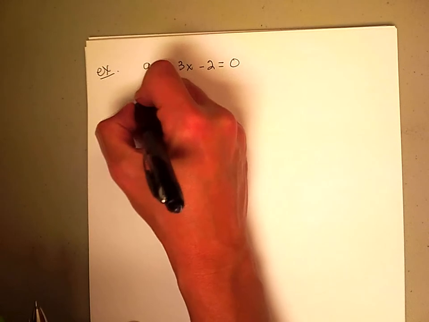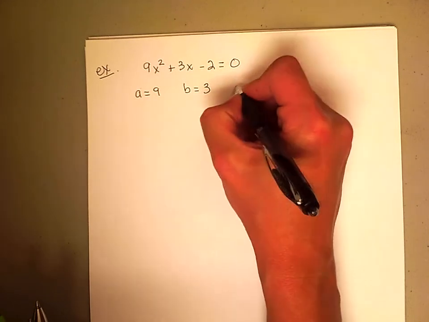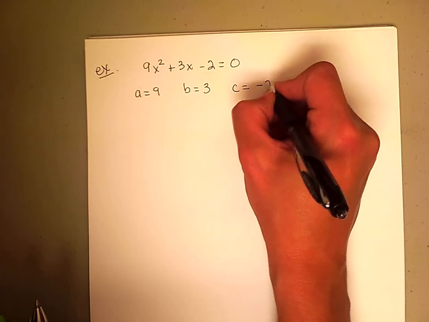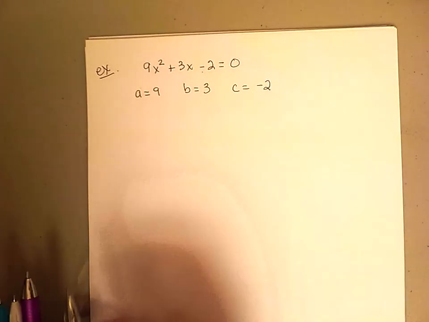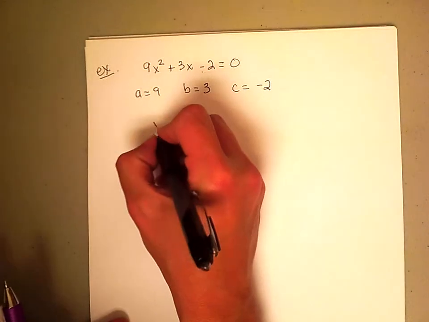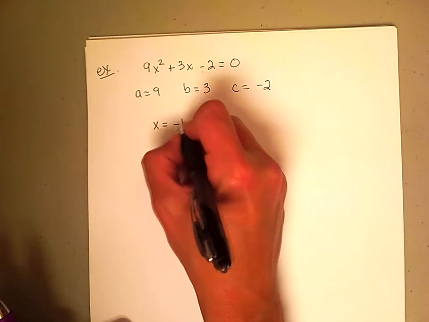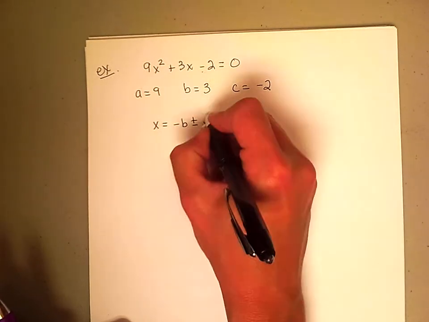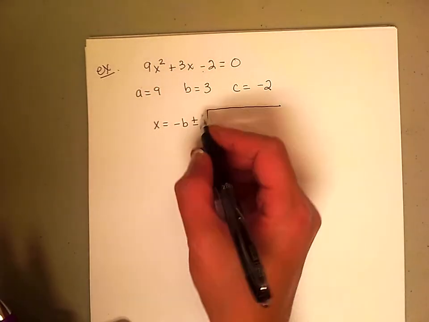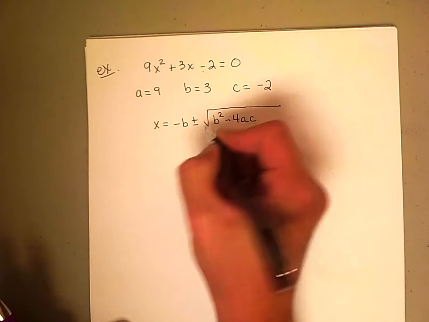So in this case, a is equal to 9, b is equal to 3, and what we have to be careful about, c is equal to negative 2 because of the subtraction. And I would write down the quadratic formula every time you do a problem until you get it memorized. Don't substitute in first. Write the problem down. Negative b plus or minus the square root of b squared minus 4ac all over 2a.